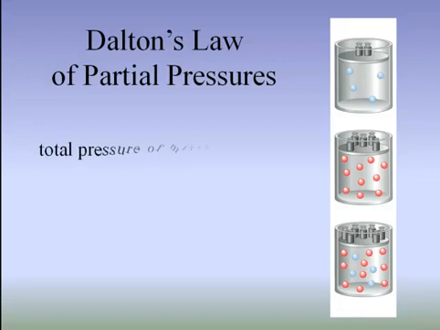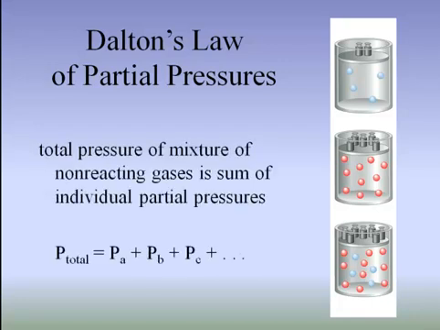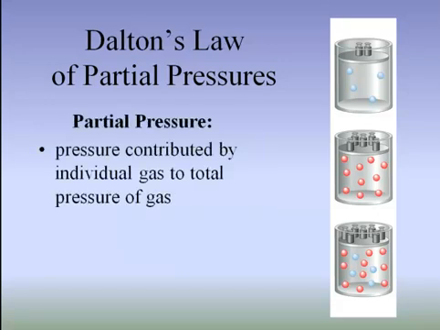And that's always true. The total pressure of a mixture of non-reacting gases is just the sum of their individual pressures. And it's called partial pressure when it's multiple gases in the container together. Partial pressure means the pressure exerted by one gas in a mixture.